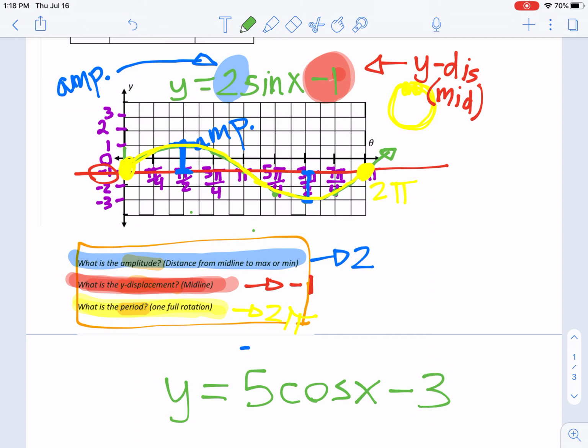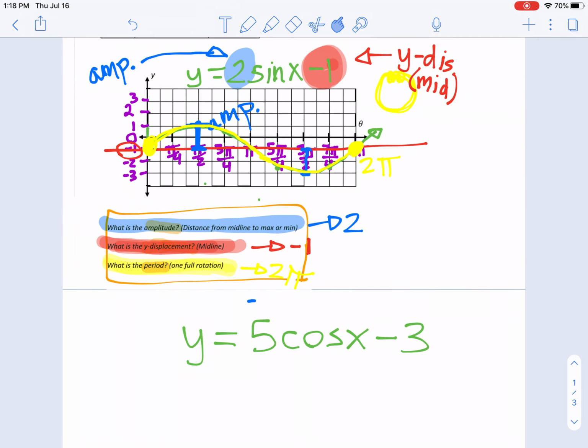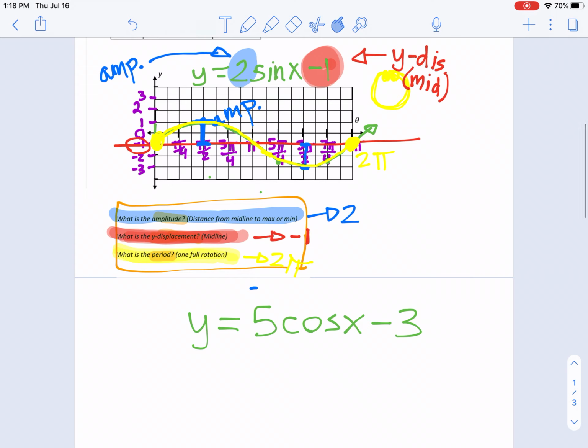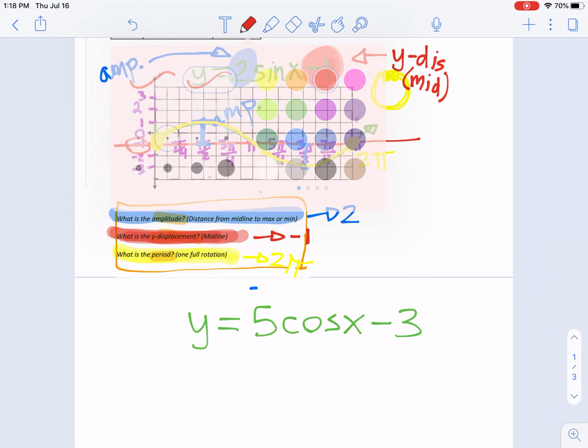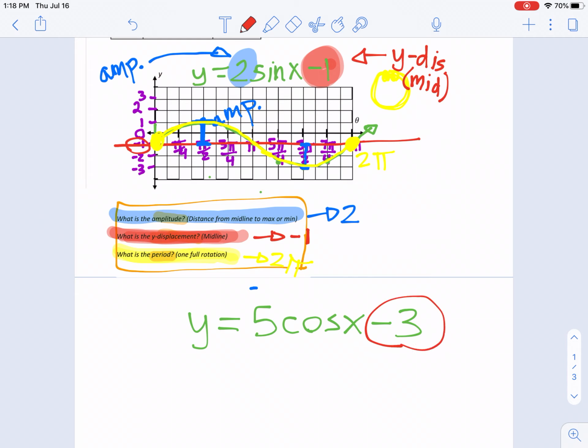Just by looking at this and following those rules I was showing you, you would be able to say that -3 is your y displacement, and this 5 is your amplitude.